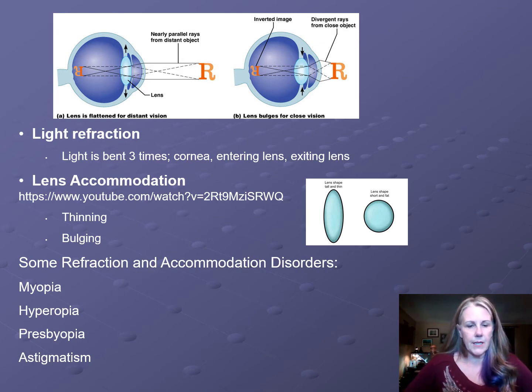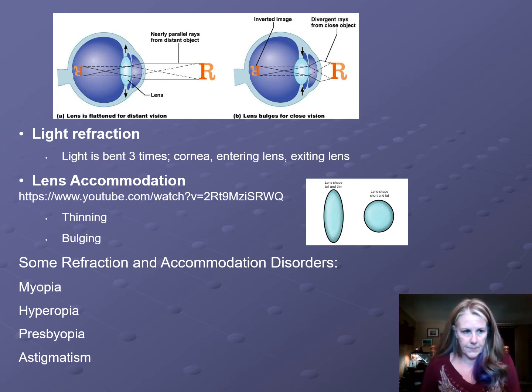The next one is called astigmatism. Now, I hear this word pronounced incorrectly a lot, and the word starts with an A. So the word itself is astigmatism. Okay, it's not a space stigmatism. The whole word is astigmatism.